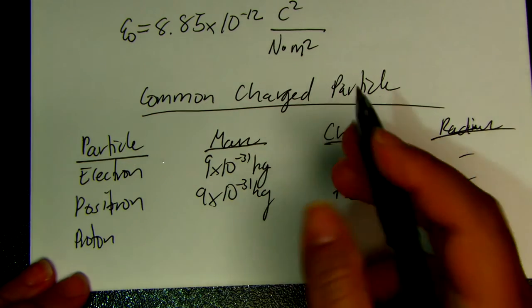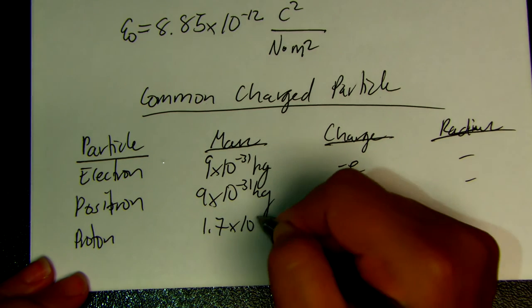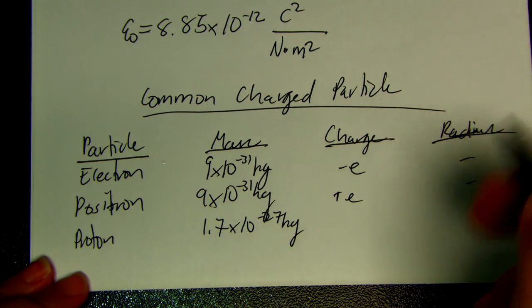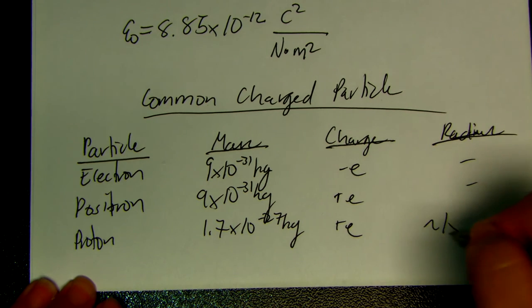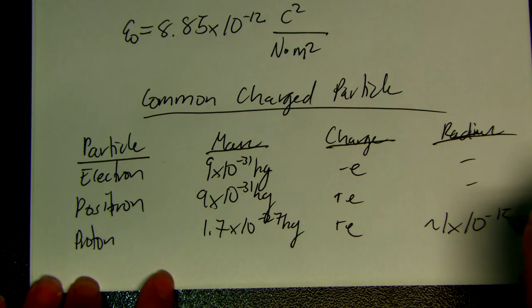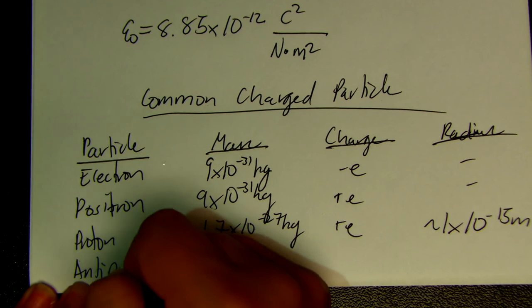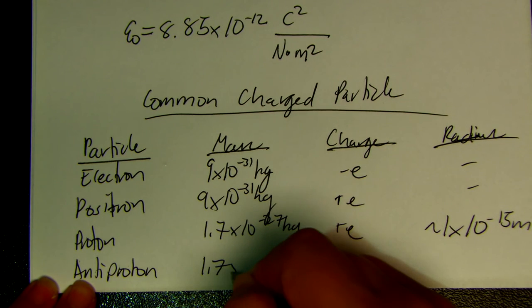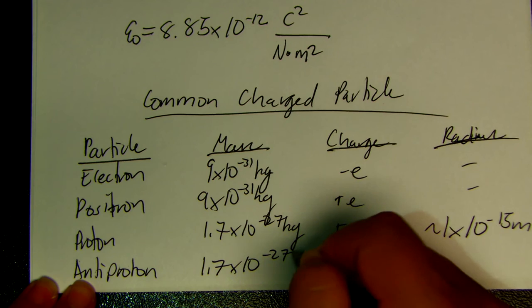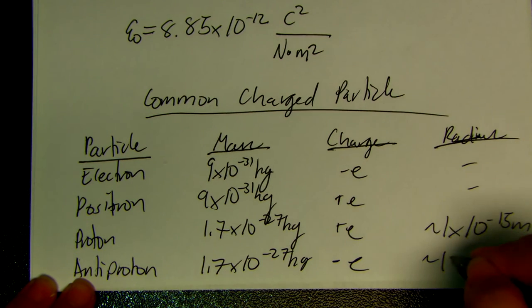Proton has a mass, it's much larger, 1.7 times 10 to the minus 27 kilograms, charge positive E, radius of about 1 times 10 to the minus 15 meters. Antiproton, same mass, 1.7 times 10 to the minus 27 kilograms, opposite charge minus E, same size.